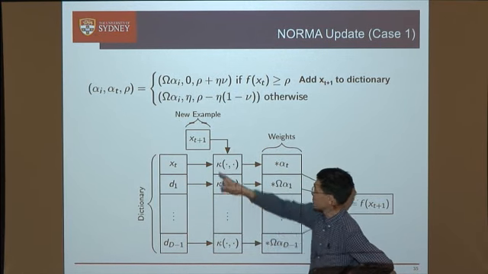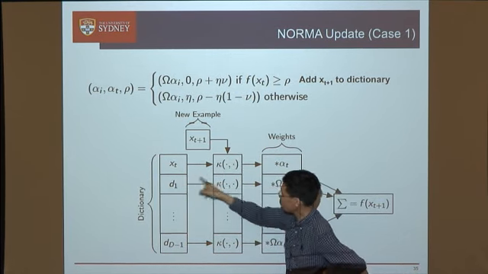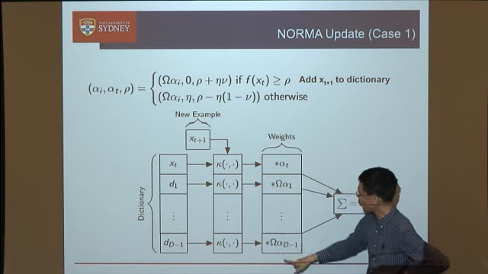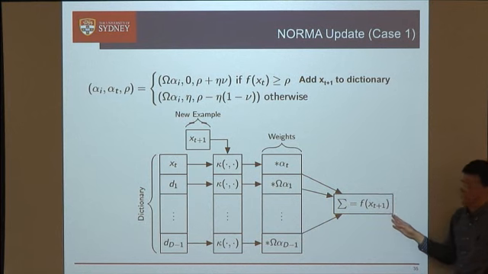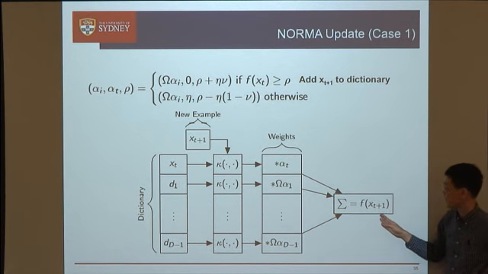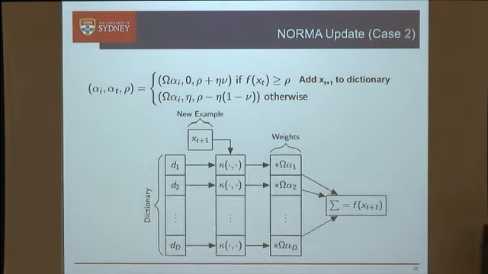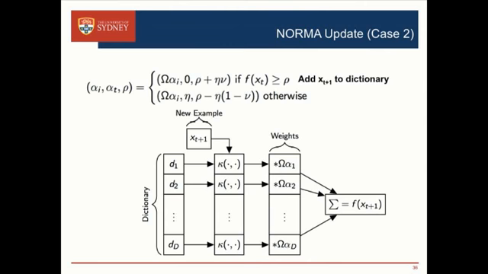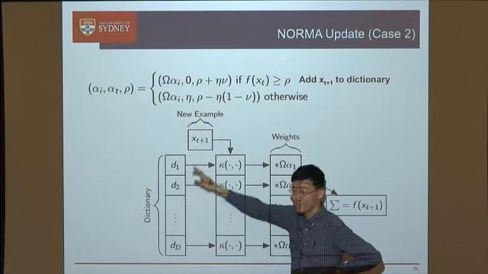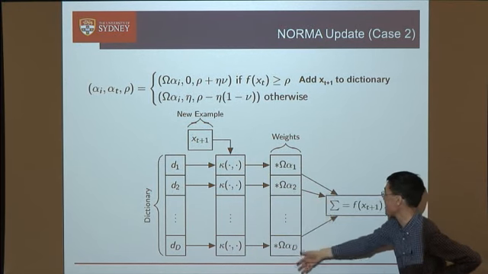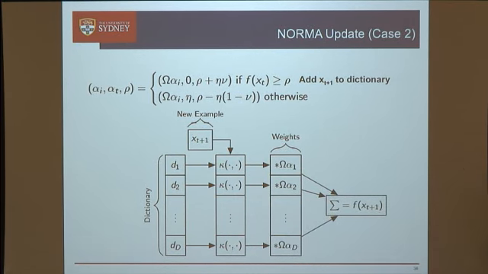When we get a new input, in parallel we compute all of these, multiply by the weights, and then reduce by summing them to get our output. In the case that we don't add something to the dictionary, the dictionary doesn't need to be updated. We still do this, multiply by something different, and produce the output like this.